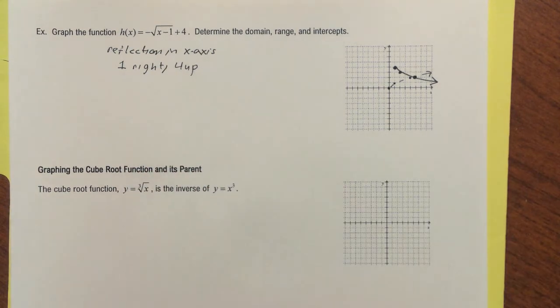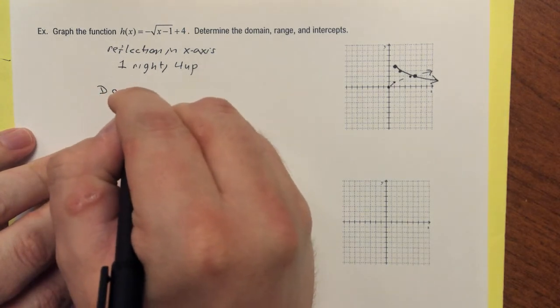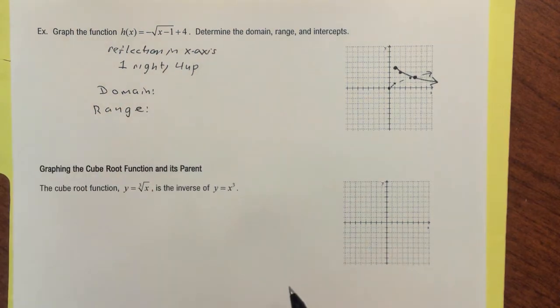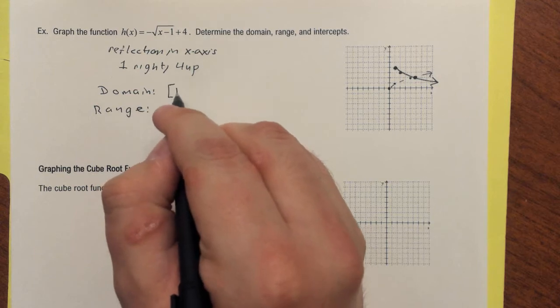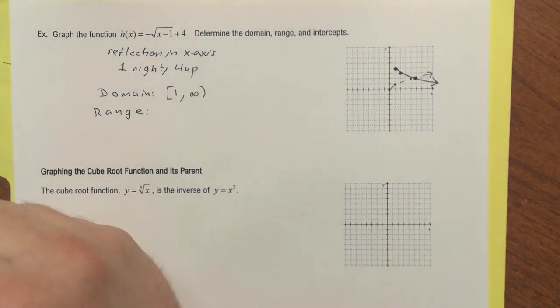I'm asked for the domain, range, and intercepts. So for my domain, the smallest x can be is 1. I can get larger from there. Now for your range, think carefully about this.